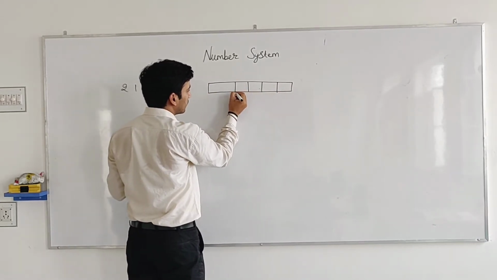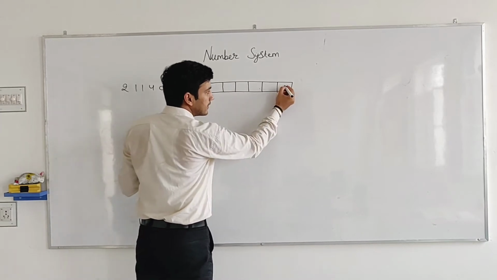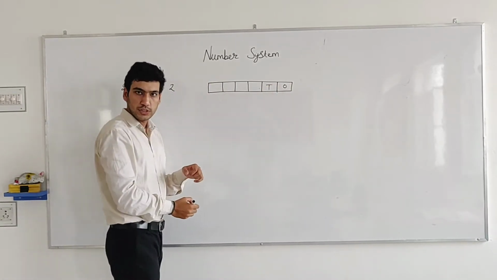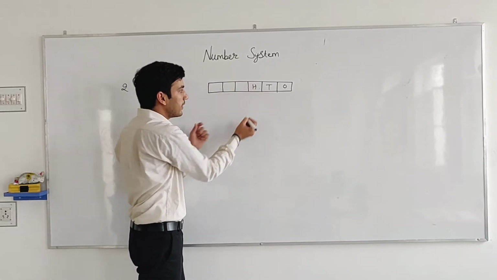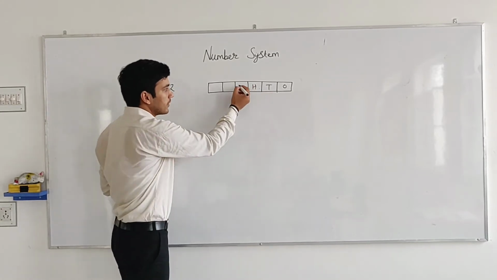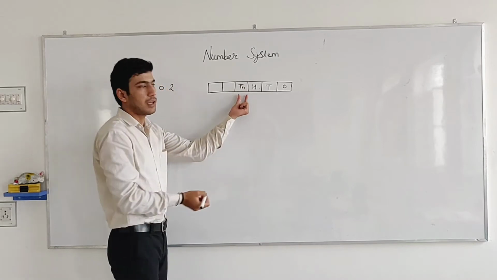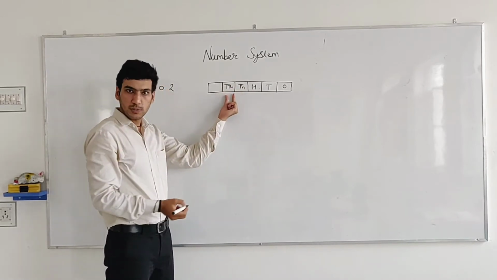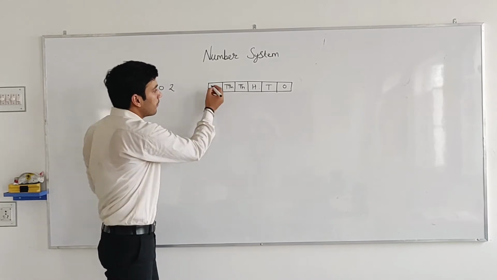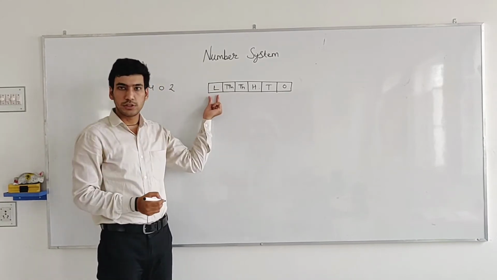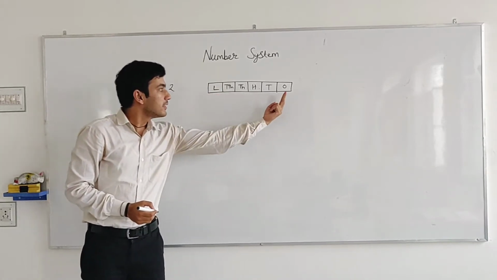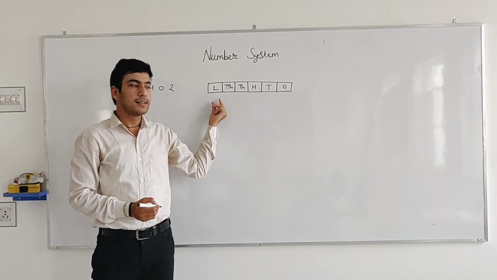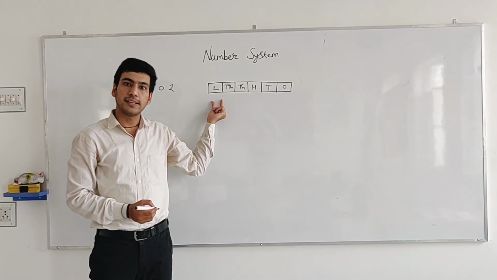This is one's position, this is tens position, this is my 100 position, this is my 1000 position, next is 10,000 position, and this place is lakh position. So what is the lakh position? The sixth position from the right side is your lakh position, or we can say lakh place.